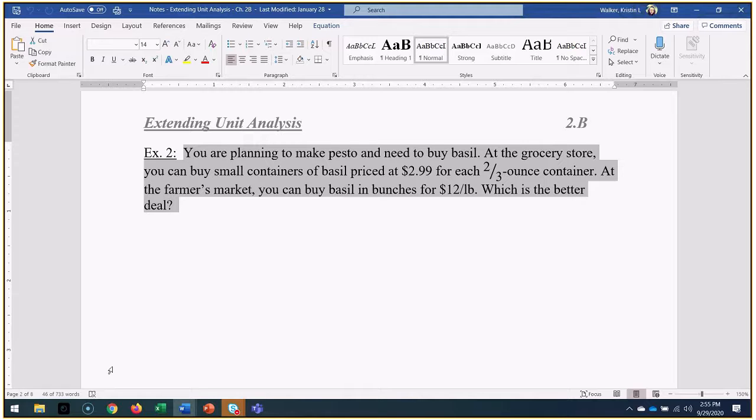The grocery store sells it $2.99 for each 2/3 of an ounce. And at the farmer's market, you can buy it for $12 per pound. And they want to know the better deal.